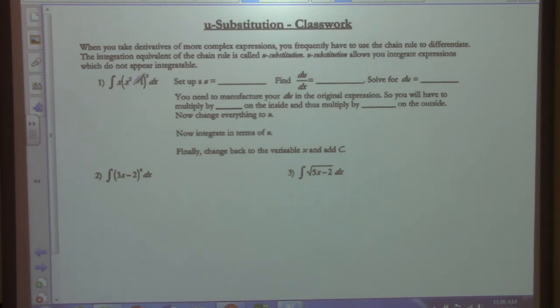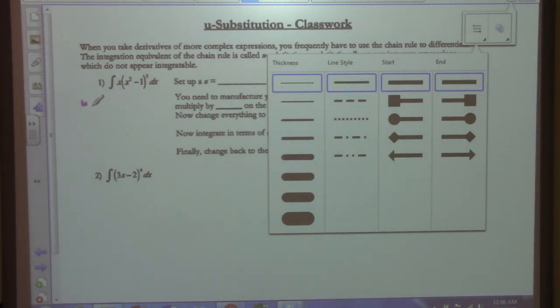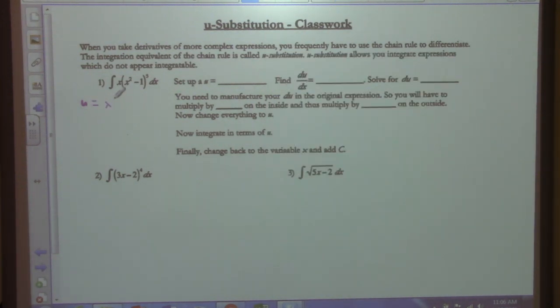For number 1, what would you let u equal? x squared minus 1. So u equals x squared minus 1. So what does du/dx look like? 2x.